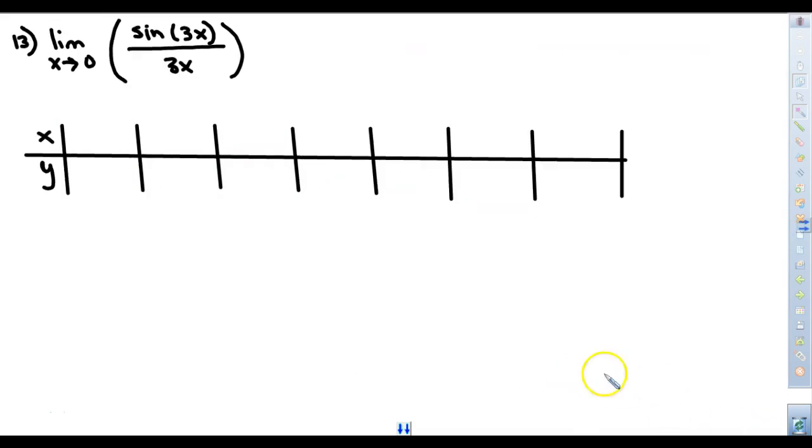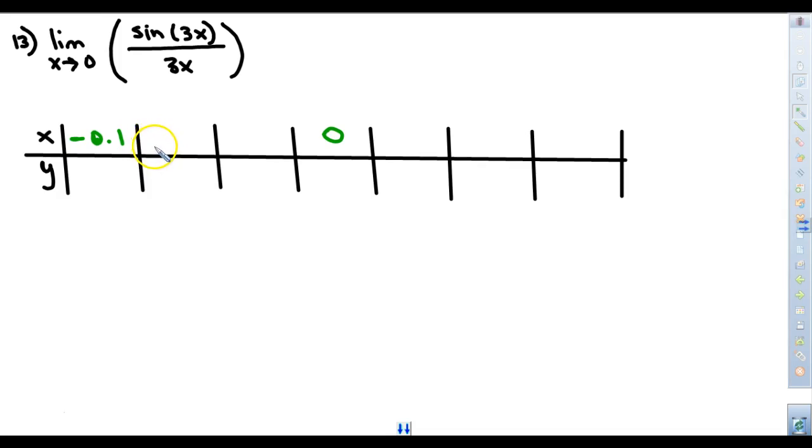Okay, let's look at 13 and let's do the same thing. Let's see what's going on here. This time we are approaching 0, so 0 right here in the middle. On the left side of 0, what are we going to have here? Maybe a negative 0.1. I'm actually having to think backwards here. Yep, a negative 0.1. To get us closer, I have to think about my number line.